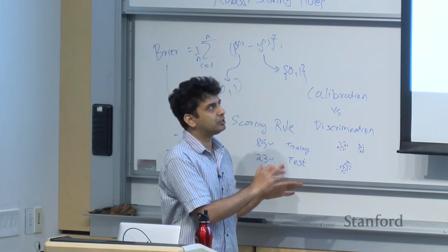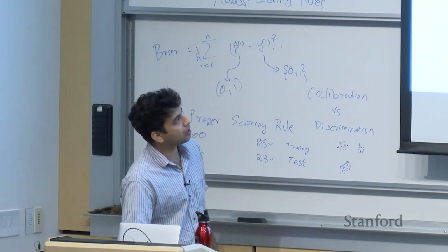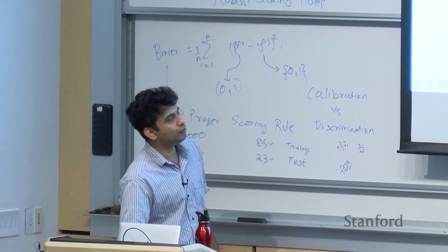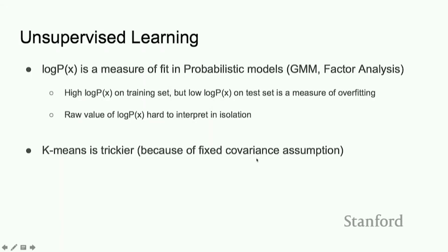So the distortion function, because it does not have this flexible covariance per cluster, is hard to use as a way to check whether you underfit or overfit.